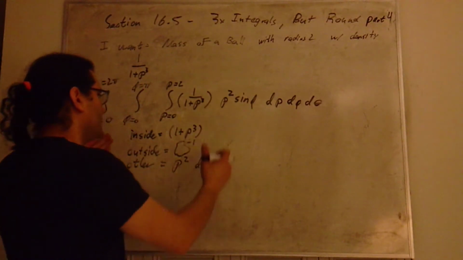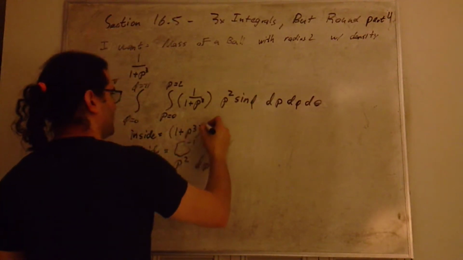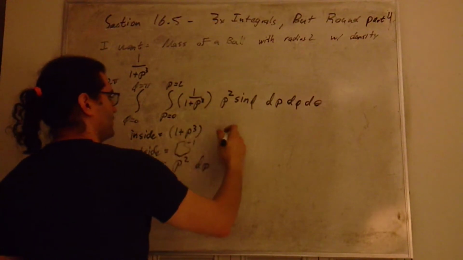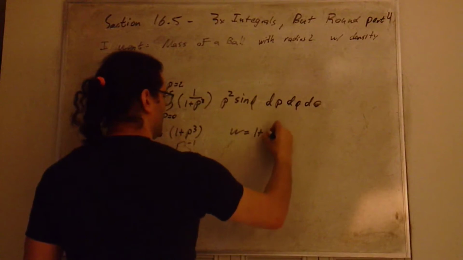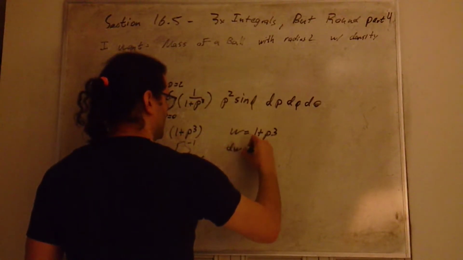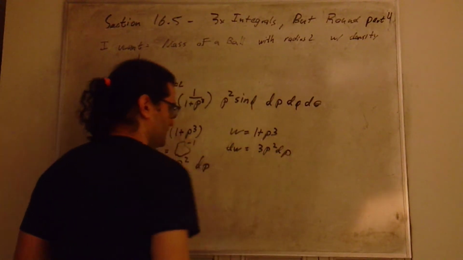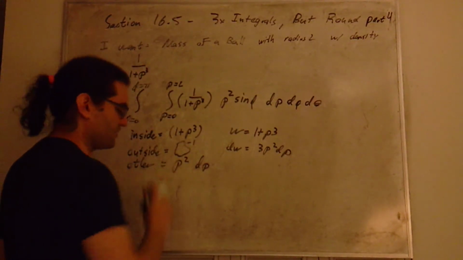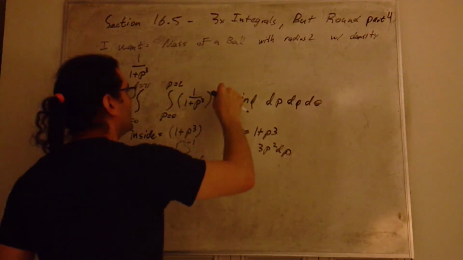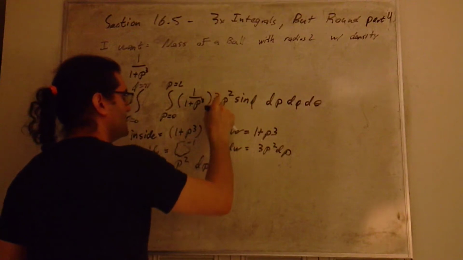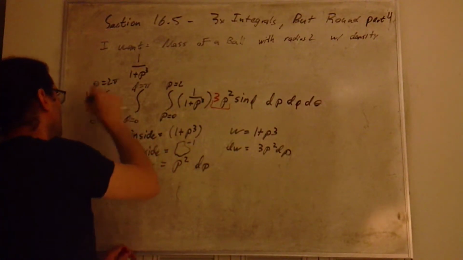So, when you integrate this, I'm going to need the derivative. Well, I'll set w equal to 1 plus rho cubed, and then dw is 3 rho squared d rho. So I need to put a 3 in here so I can swap this piece out with dw, and that means putting a 1/3 on the outside, and that's fine.